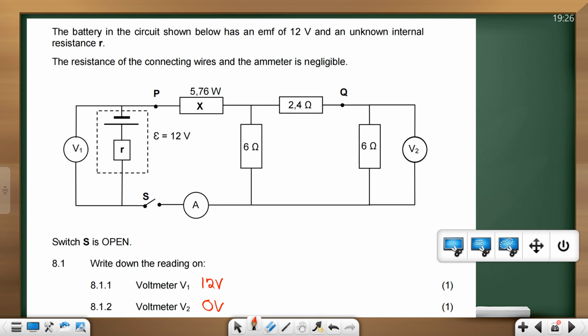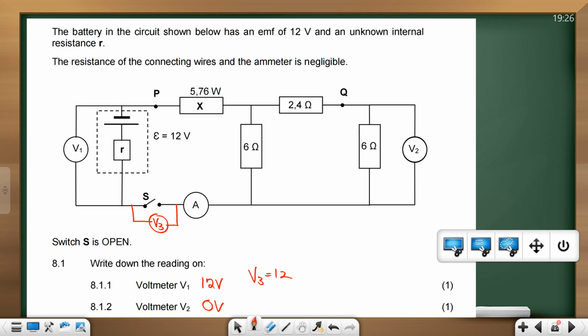Are we okay? Now, another thing they can put for you. Let's put a V3 there. When that switch is open, what are we measuring? We are still measuring EMF. So V3 will also be 12.